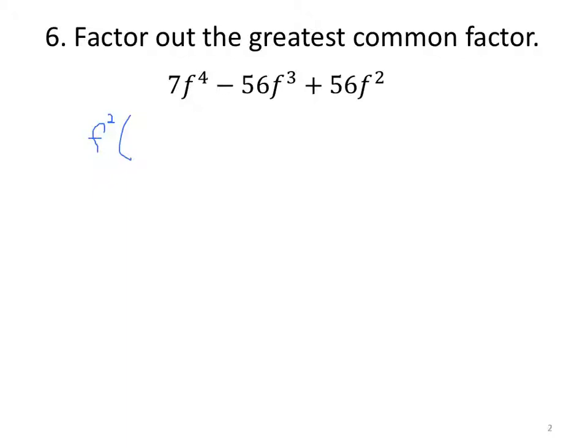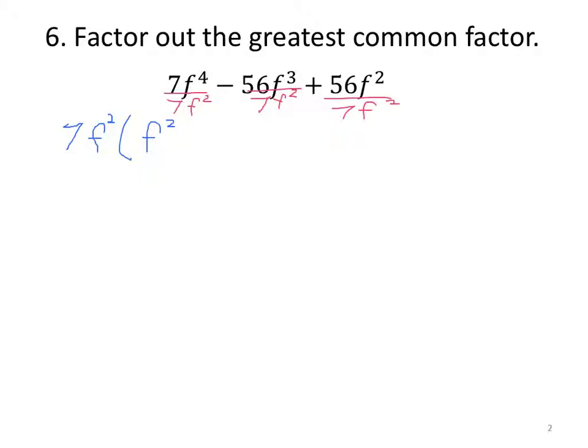7 goes into 56 8 times, so we can take out a 7 as well. So now we need to divide all of these by 7f squared. In the first term, what we're left with is f squared, because the 7's cancel, and when you divide exponents that have the same base, you merely subtract the exponents.